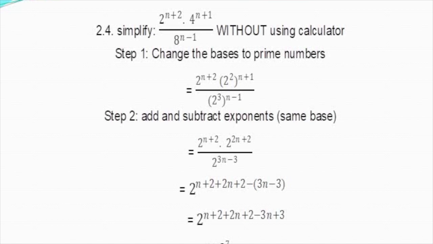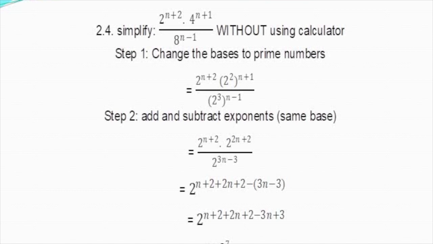So first step, we change the bases to prime numbers. We have a base of 4. Its prime factors are 2 and 2. We write it in exponent form; we will have 2 to the power 2. We do the same thing to the denominator 8. 8 is not a prime number, but it has prime factors, which are 2 times 2 times 2.